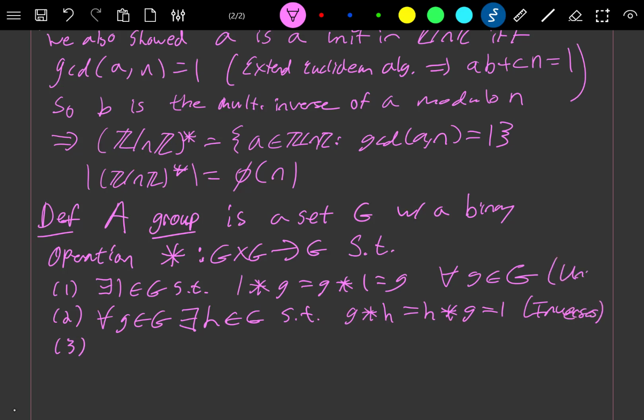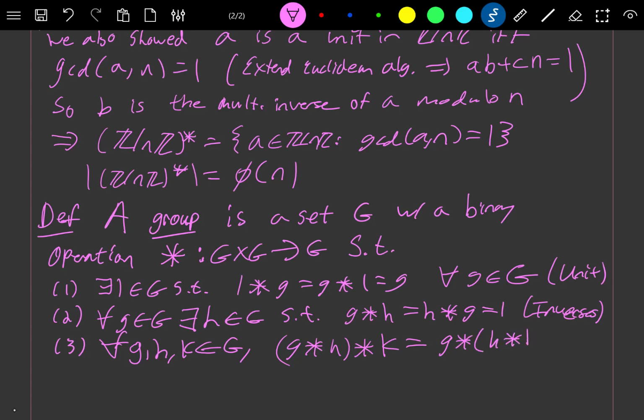This is the unit or the identity. And the last one is we want associativity. So for every g, h, k in G, we have (g times h) times k is equal to g times (h times k). So this is associativity.